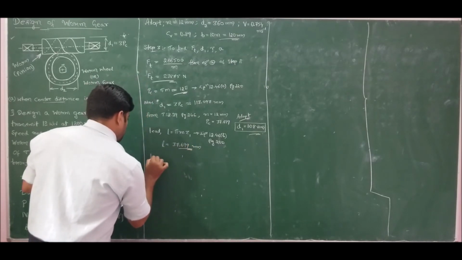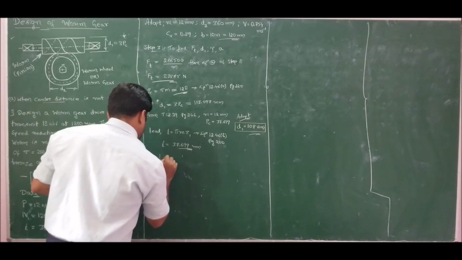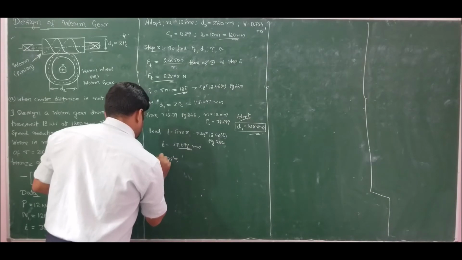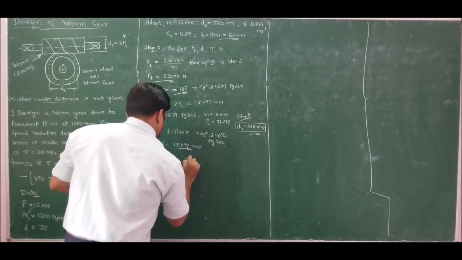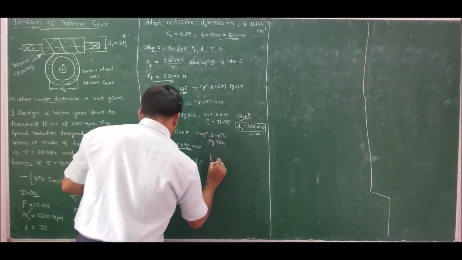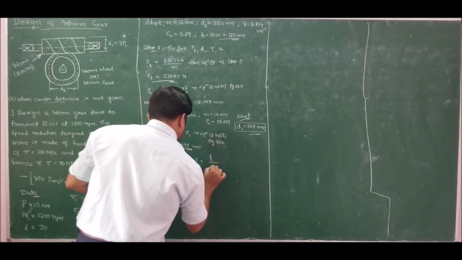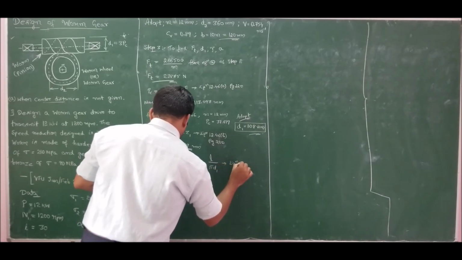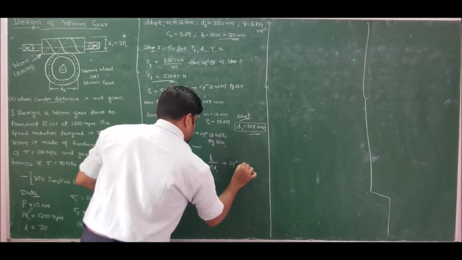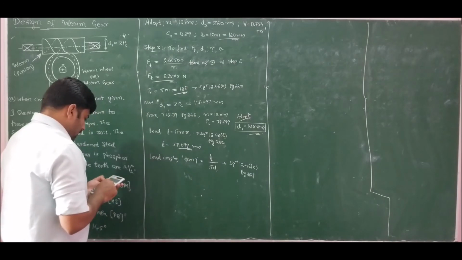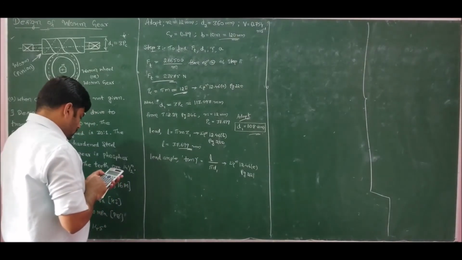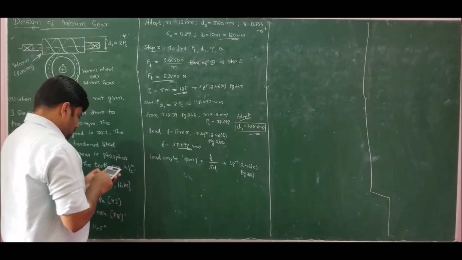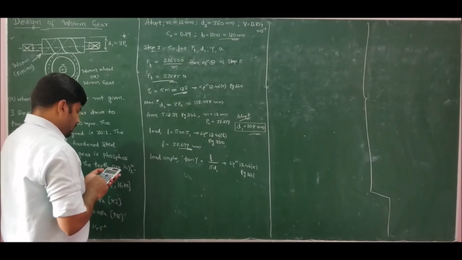Now I can find the lead angle. Tan gamma is equal to lead divided by pi d1. This is from equation 12.46e, page 221. So gamma is tan inverse of 12 pi divided by pi times d1, which is 108.